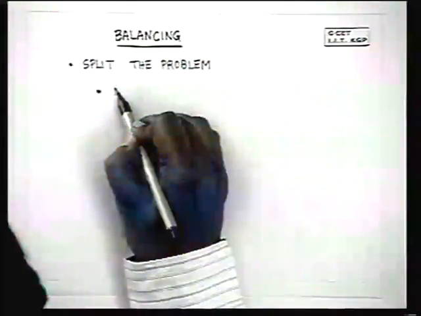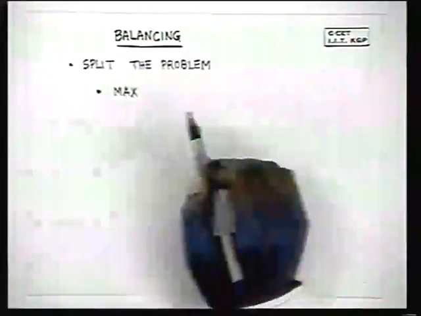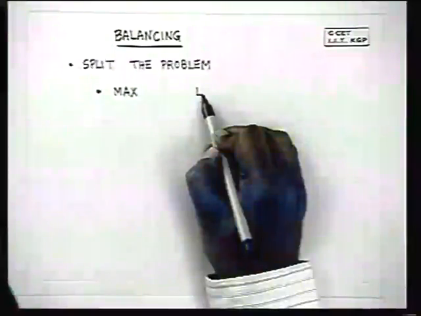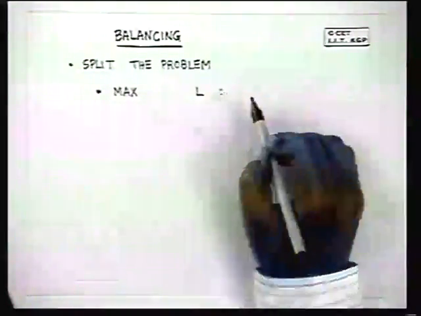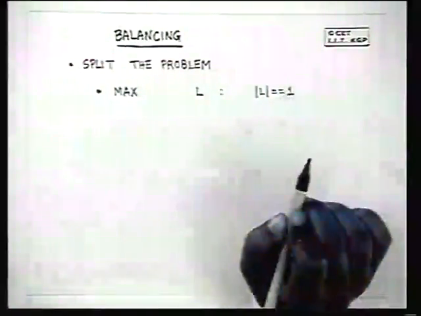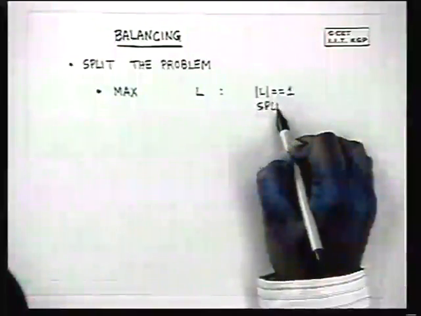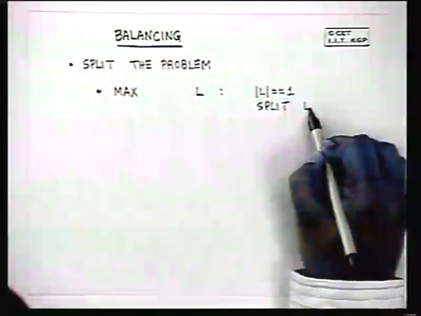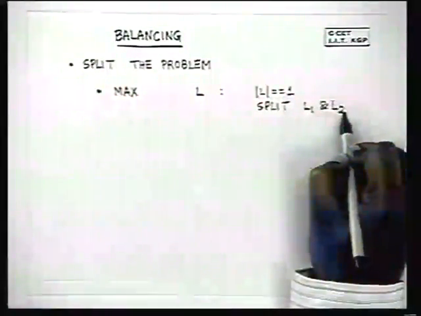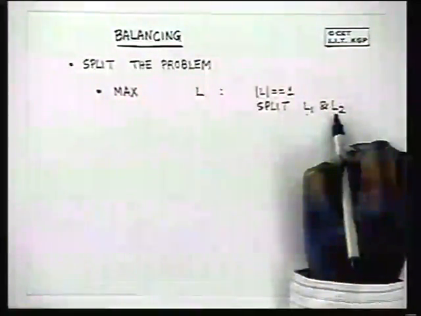Suppose you have to find the maximum of n numbers. Now to find the maximum of n numbers, given a list L, what was our recursive solution? If the size of L was 1, then obviously that is the base condition. Otherwise you split into two non-empty sets L1 and L2, and then solve these two recursively.